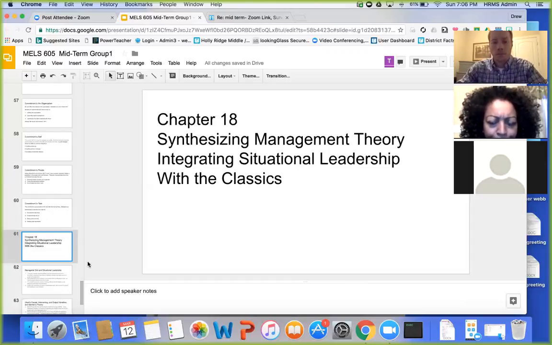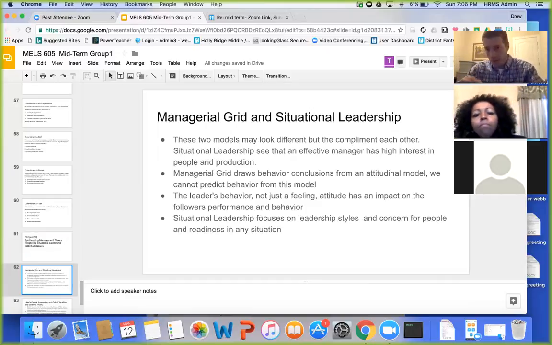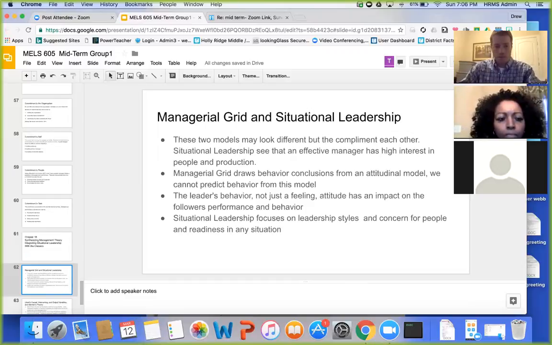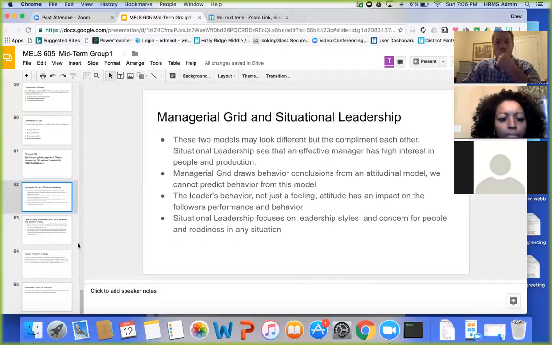Okay. All right. Chapter 18 is synthesizing management theory, integrating situational leadership with the classes. Throughout the text, we have introduced several different theories, concepts, and research within our reading. What we're going to learn here is about the managerial grid and situational leadership.